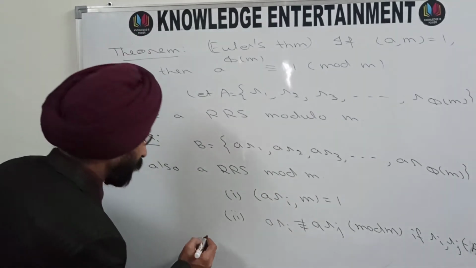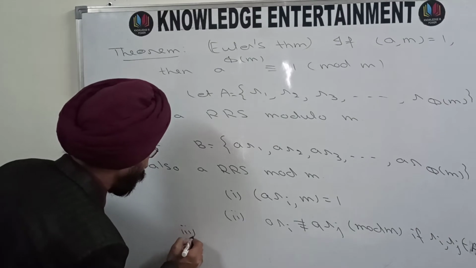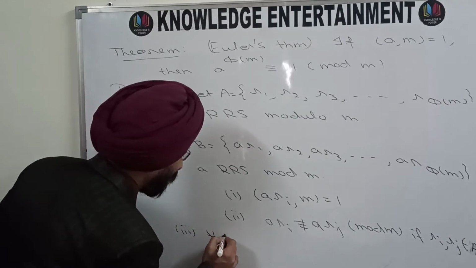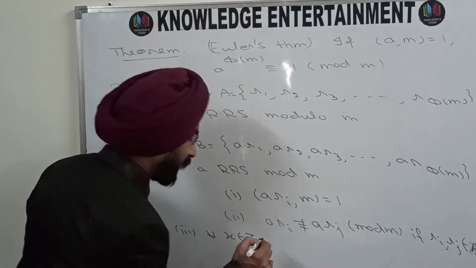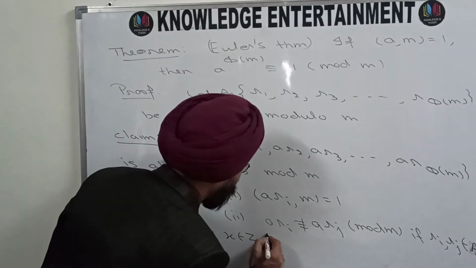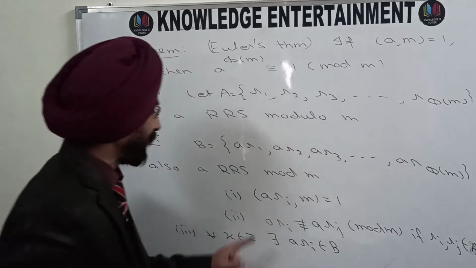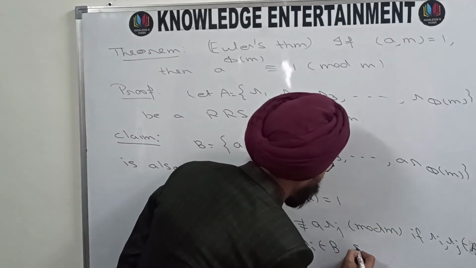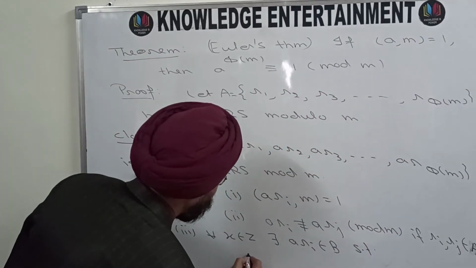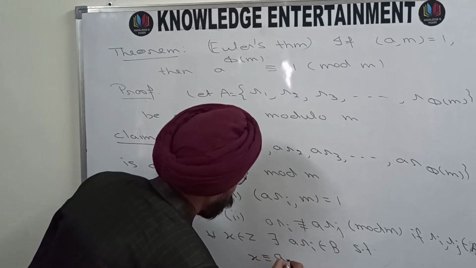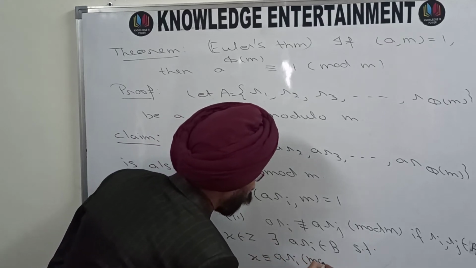And thirdly, we will show that for every x belonging to the set of integers, there exists some a ri in this set B such that x is congruent to a ri modulo m.